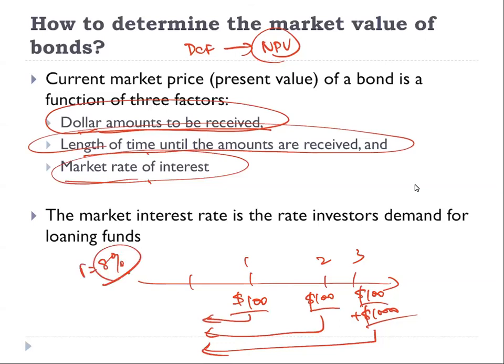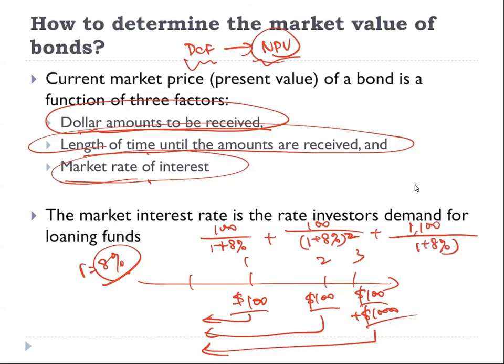Then what we do in the DCF approach in determining the net present value is we discount the first $100 over 1 year, the second $100 over 2 years, and the last $1,100 over 3 years. So this is the net present value of the bond.